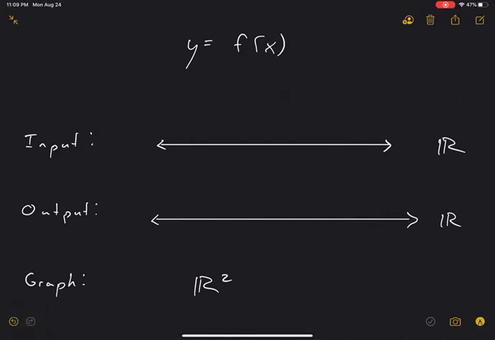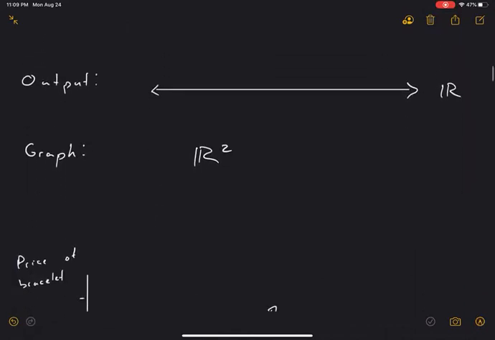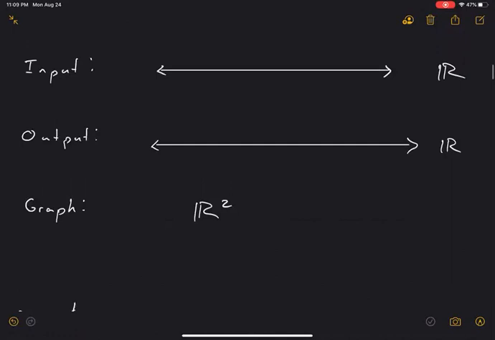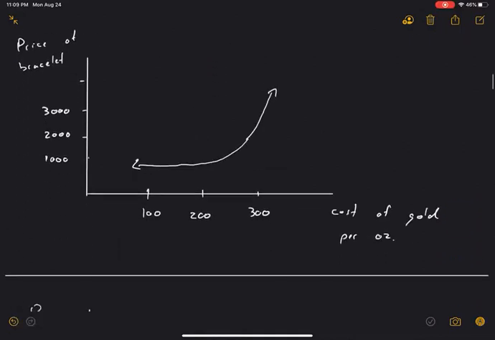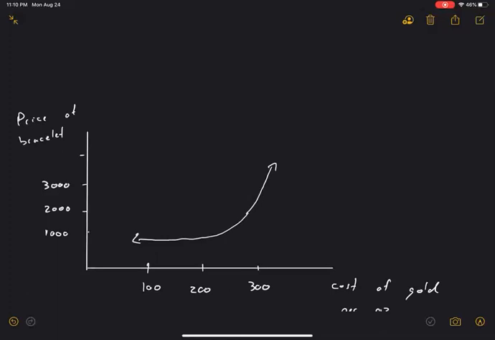Now, I got two number lines, but when I try and graph my function, that's where I end up with R2, okay? We say R2, not R squared. So my input is a number line, my output is a number line, and then my graph would be R2. What's R2? Well, that would be the XY plane, the two-dimensional plane.